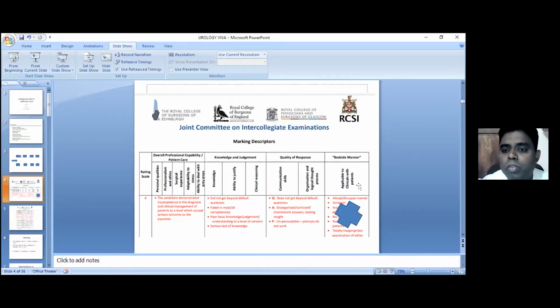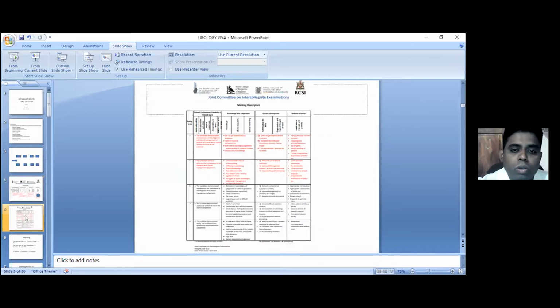The bedside manner is of course not for our urology exam, but for the FRCS general surgery there are short cases and long cases, and for that they have assigned marks. For us, all the cases are scenario based or computer based. So they give marks for these 3 domains. 6 is a pass mark, 5 is a just fail, 4 is a clear fail, 7 is a good pass, and 8 is an excellent pass.